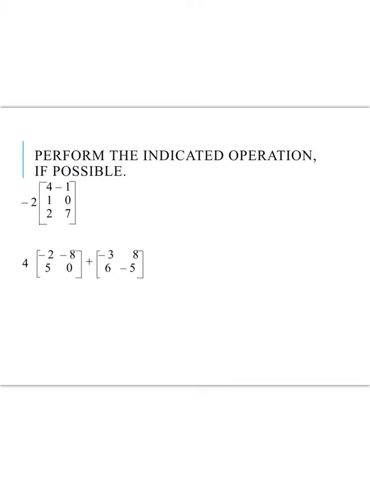So the directions say to multiply by a scalar if possible. Well, if possible doesn't necessarily apply to scalar multiplication because we can do scalar multiplication on any type or any dimension matrix. So we have a 3 by 2 matrix here. That means our answer will also be a 3 by 2.